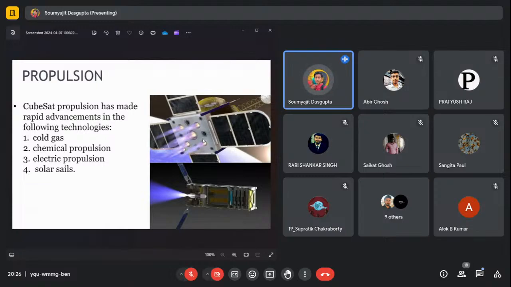In that case, you should have a propulsion system on a CubeSat to attain that orbit, right? For that, we mostly use chemical propulsion. But right now, a lot of companies are researching cold gas propulsion, electric propulsion and solar propulsion, right?